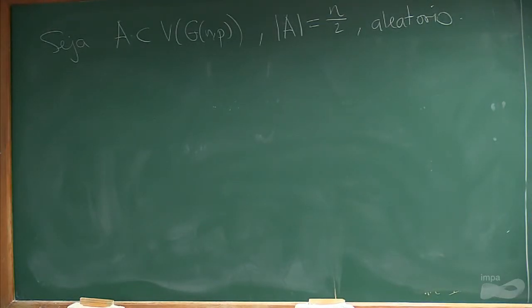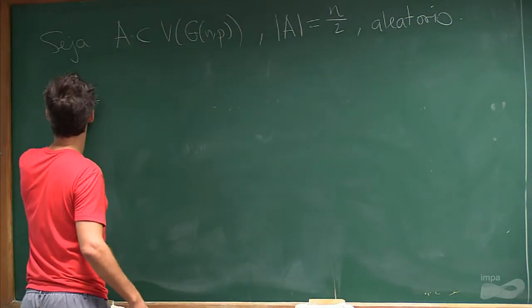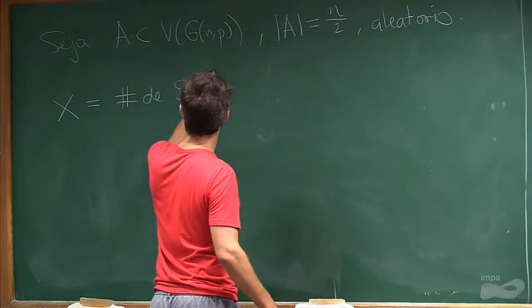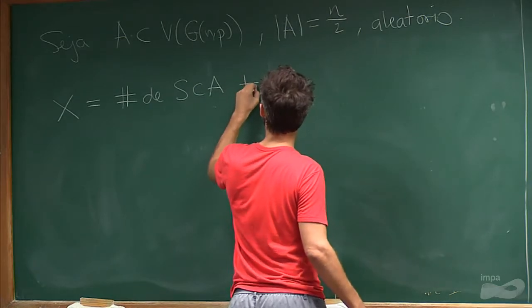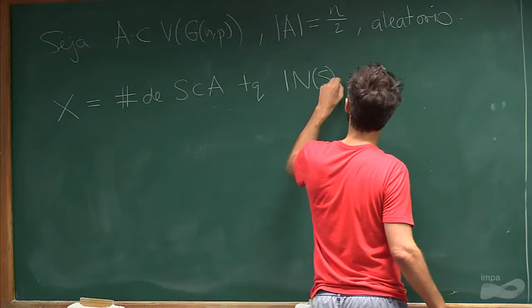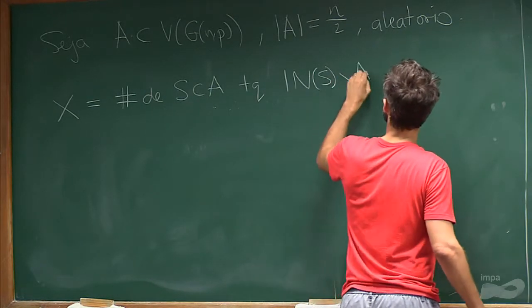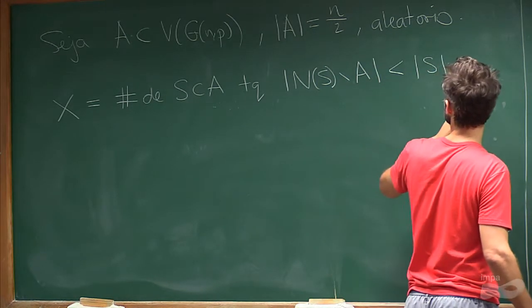Let X be the number of subsets S of A such that the neighbourhood of S intersect A complement is less than the size of S.